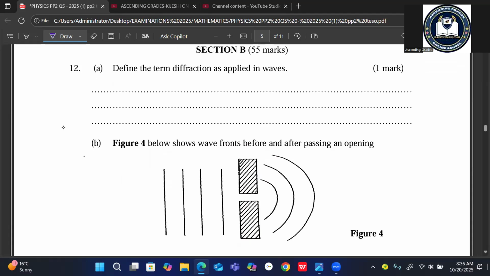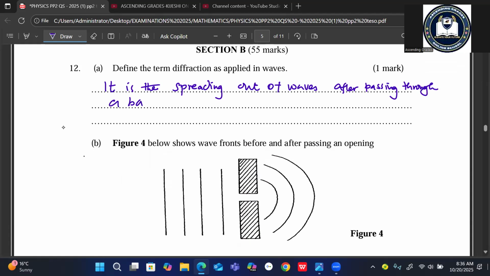So it is the spreading out of waves after passing through a barrier or an opening.